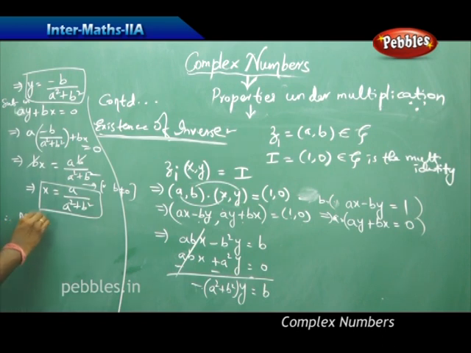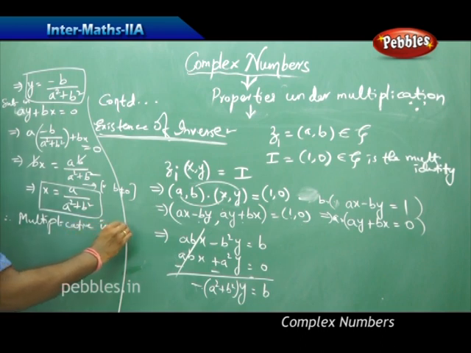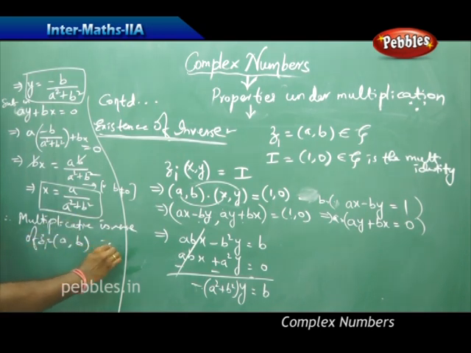Therefore, the multiplicative inverse of (a, b), that is z1 equal to (a, b), is a by a squared plus b squared and minus b by a squared plus b squared.